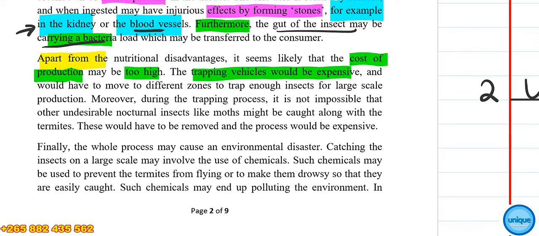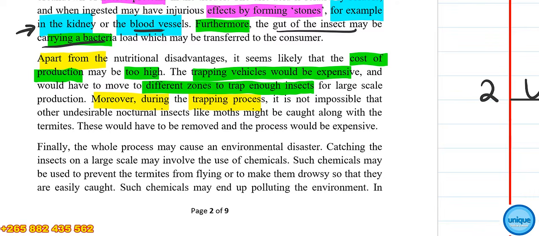This is supporting how expensive the program is. Moreover, it introduces another supporting point showing things are expensive: the trapping process. It is not impossible that other undesirable nocturnal insects like moths might be caught along with the termites.